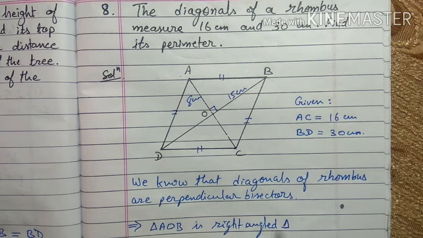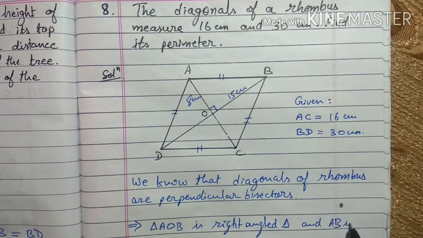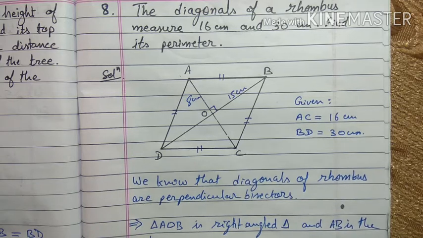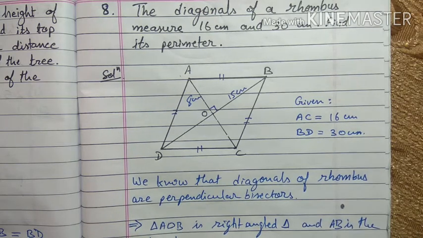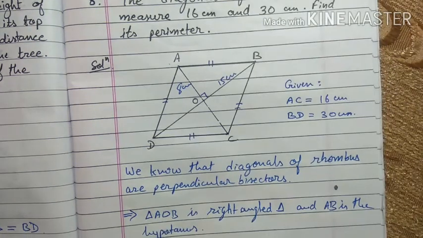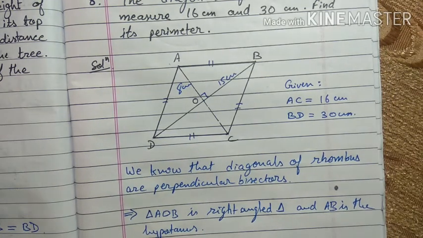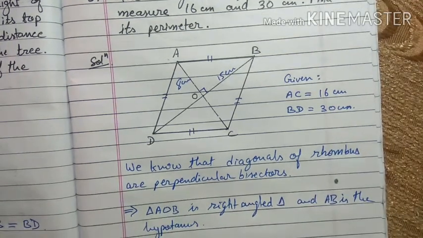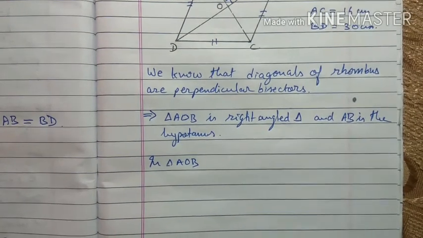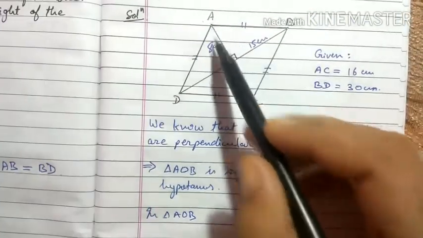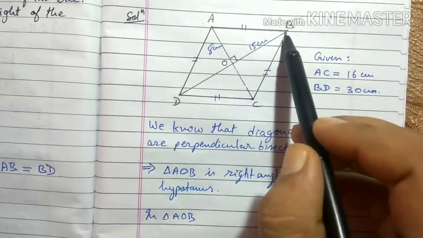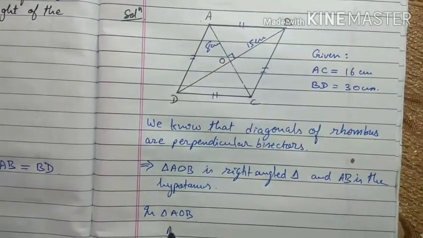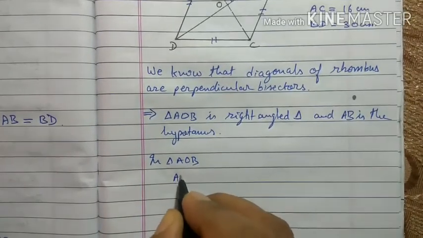Okay, so in this right angle triangle, AB is the hypotenuse, right? So in triangle AOB, AB is the hypotenuse.